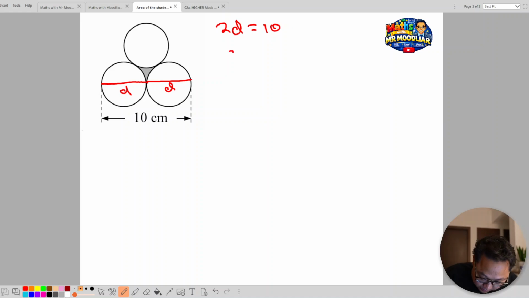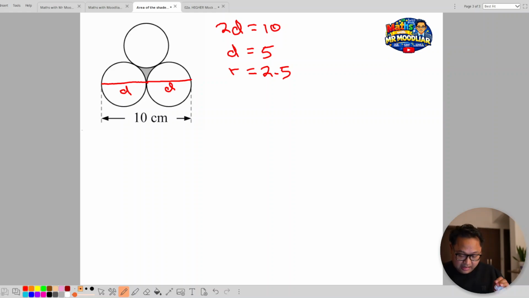Then one diameter would give me 5 centimetres. If the diameter is equal to 5 centimetres, we can say that the radius of that circle is 2.5. At the moment, I'm just gathering the information I can extract from this problem.